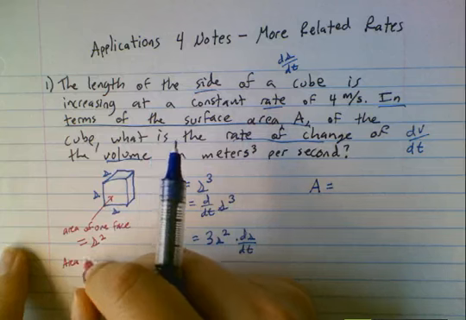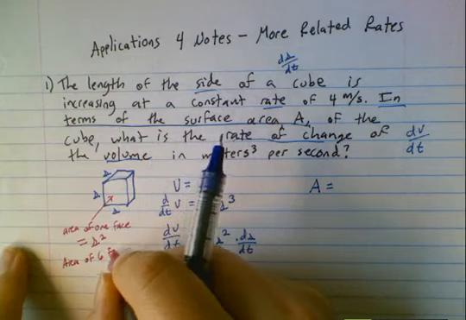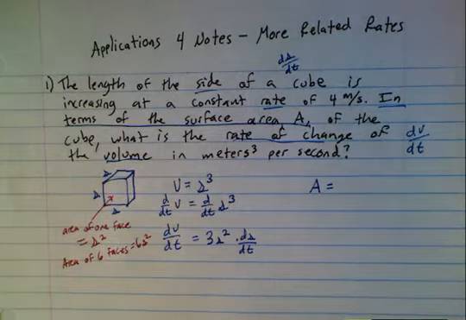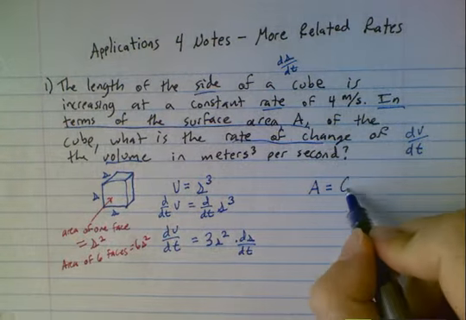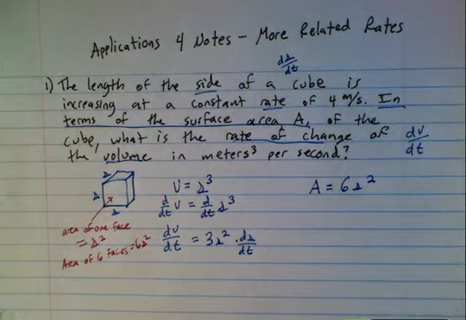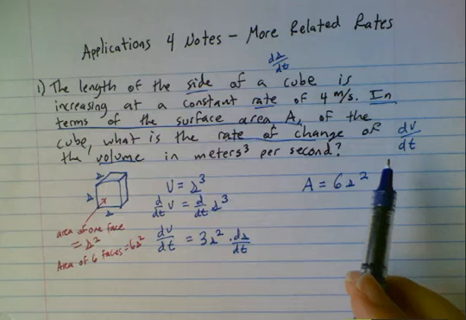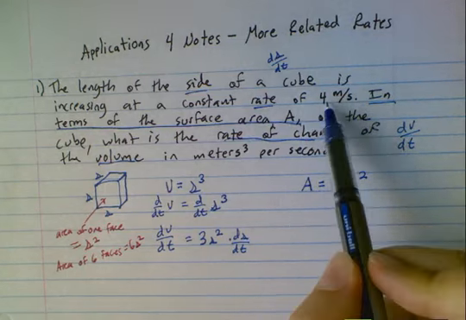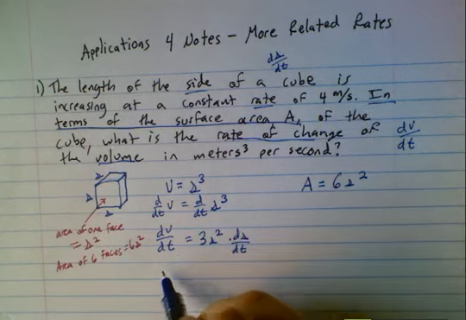So the area of all 6 faces is 6s squared. So that means the surface area is 6s squared. Here, because we're writing it in terms of A, we're not going to take the derivative. ds/dt does equal 4 here. So we can do a little bit more with this.